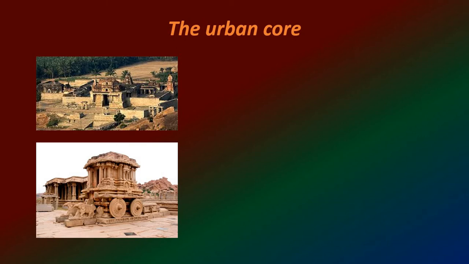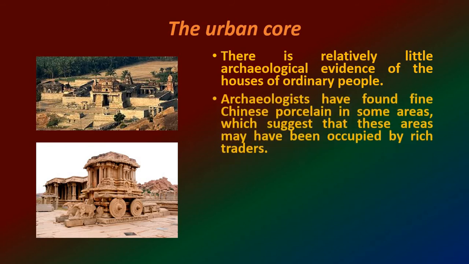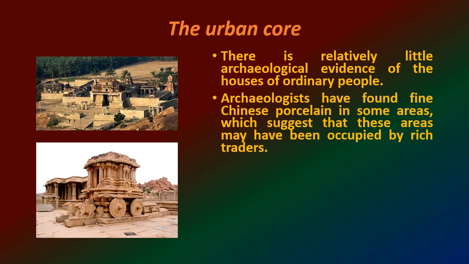The urban core. There is relatively little archaeological evidence of the houses of ordinary people. Archaeologists have found fine Chinese porcelain in some areas, which suggests that these areas may have been occupied by rich traders.